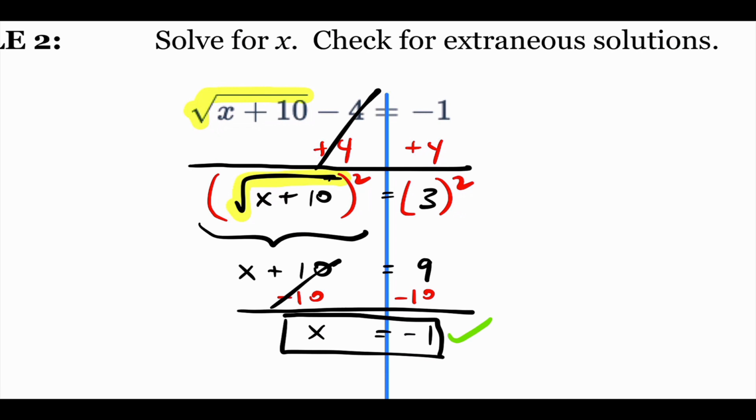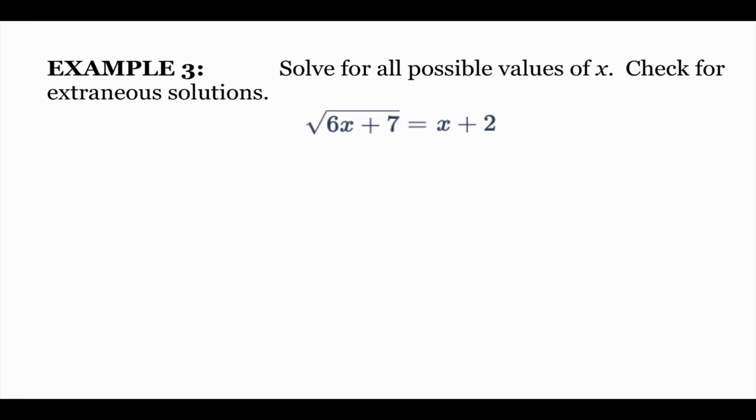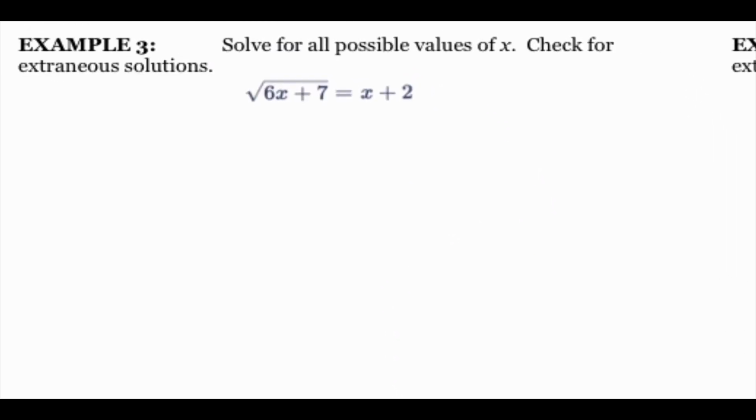Okay, so let's flip to the inside now. Number 3. Solve. Okay, so my root is right here, and I have 6x plus 7 inside of it.